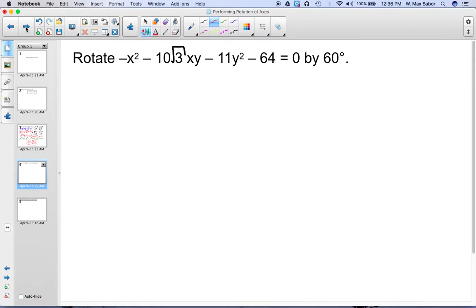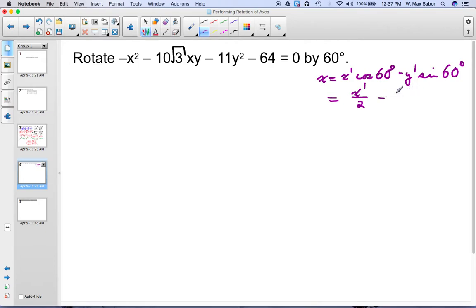Let's rotate this by 60 degrees. So this is going to be a little harder because 60 degrees is a more annoying angle to rotate by. X equals x prime cosine minus y prime sine. Cosine of 60 is 1/2.